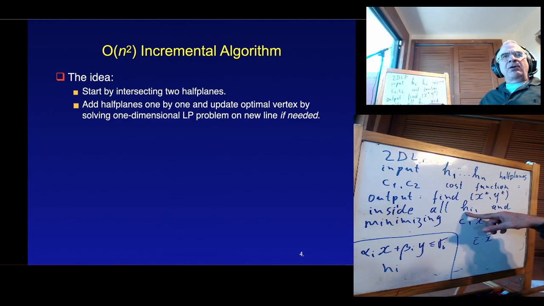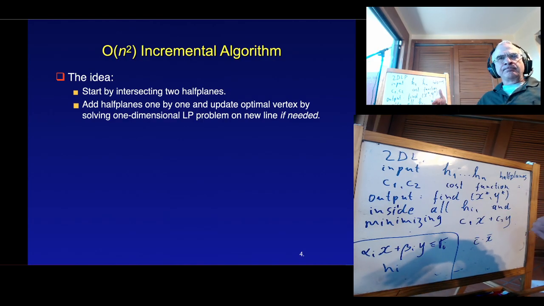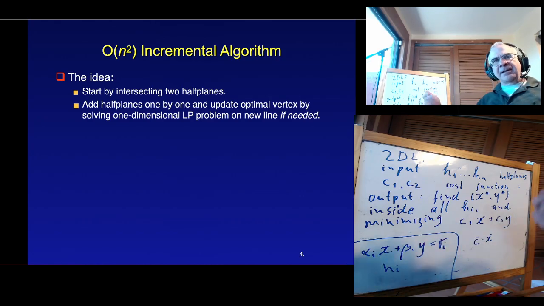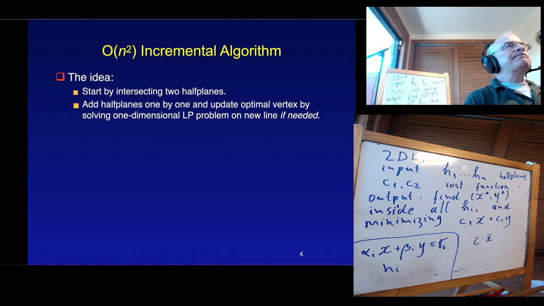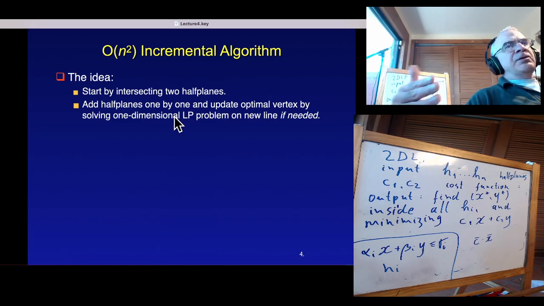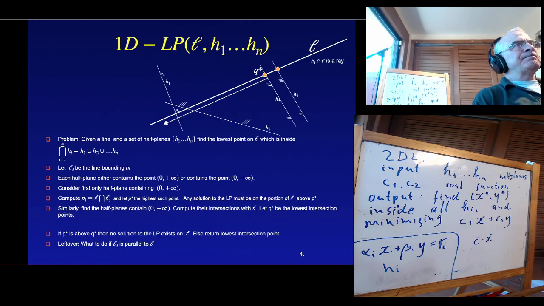I'll require it to be only inside the half planes that I inserted so far. Again, I'm going to insert a half plane and do something. The main tool to do something would be to solve a one-dimensional linear programming problem if needed. It will be clear very soon what this if needed is.